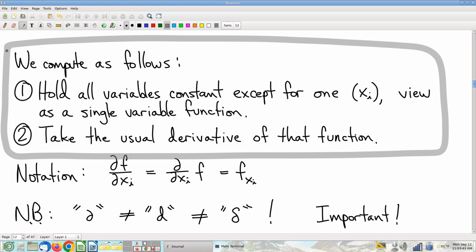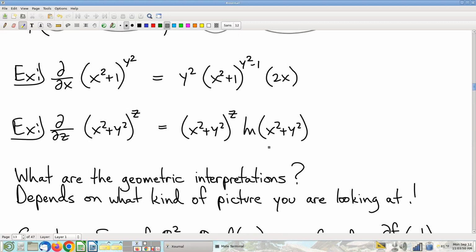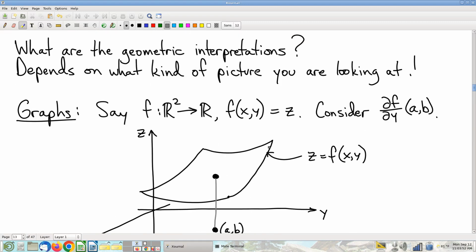So geometrically, what does this look like? I ask, again, rhetorically. First thing I'm going to say: if you want to think about geometry, you've got to keep track of what kind of picture you're looking at. Are you looking at a graph? Are you looking at a level set? Is this a parameterization of something? What kind of picture are we looking at?